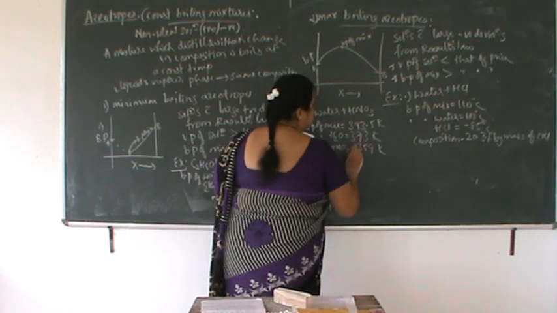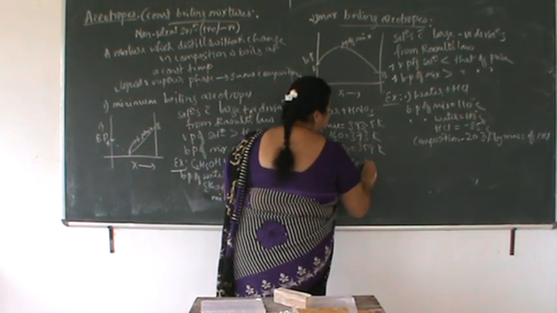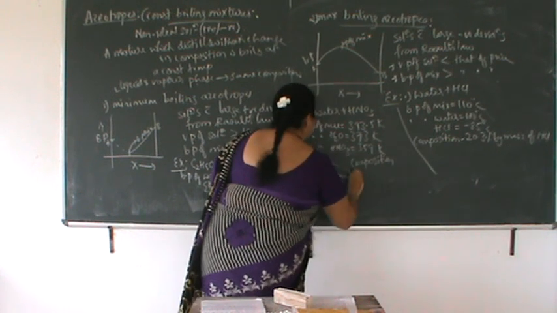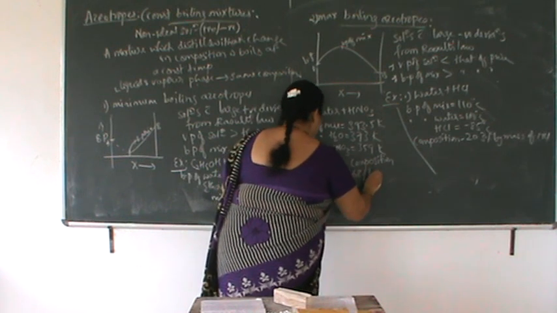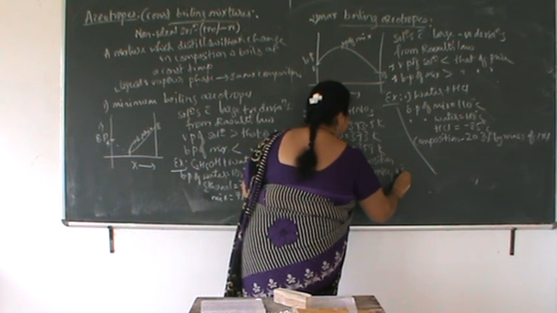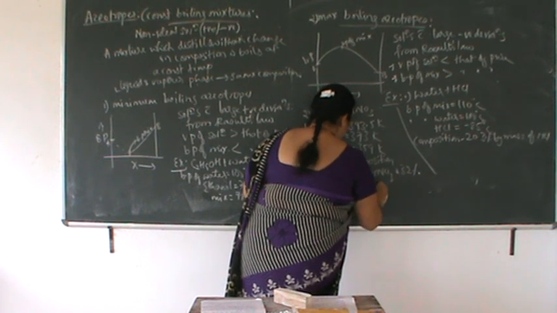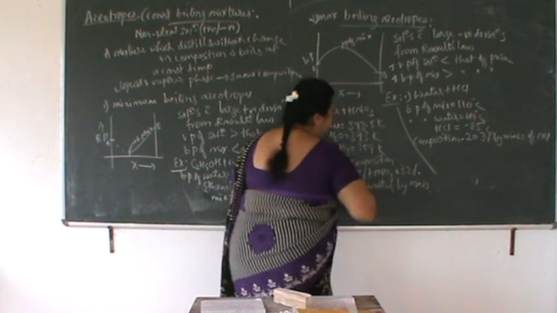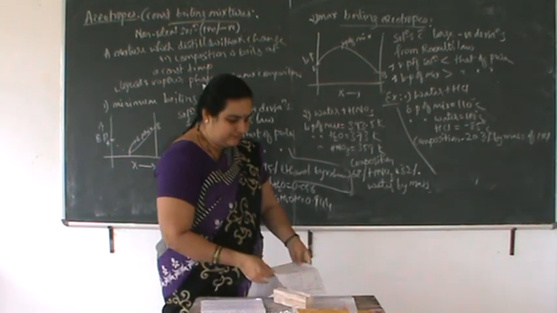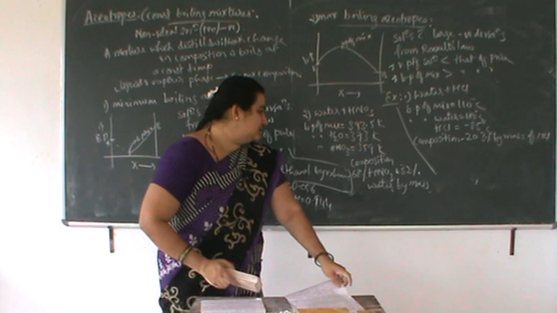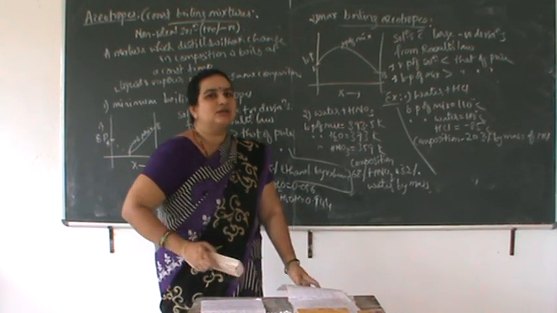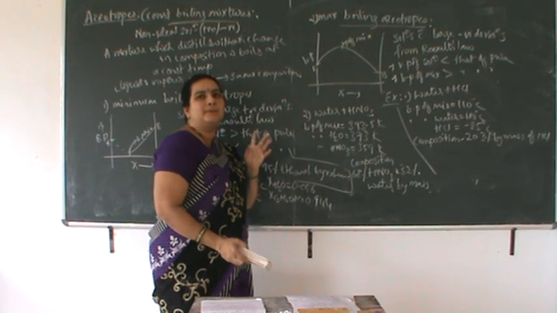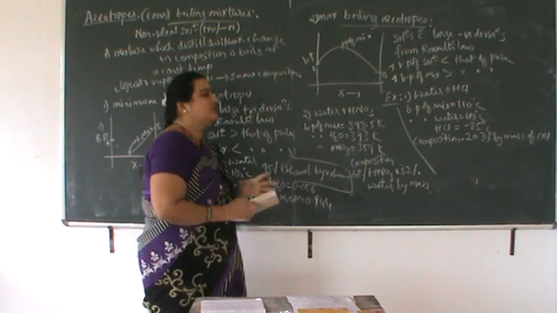At this temperature the composition of the mixture will be 68% HNO3 and 32% water by mass. So the types of non-ideal solutions and types of azeotropes are completed.